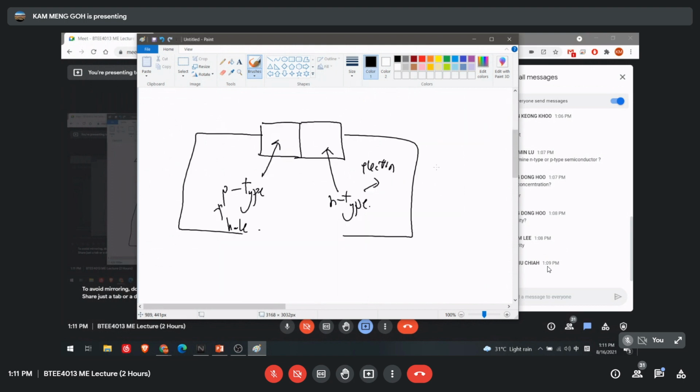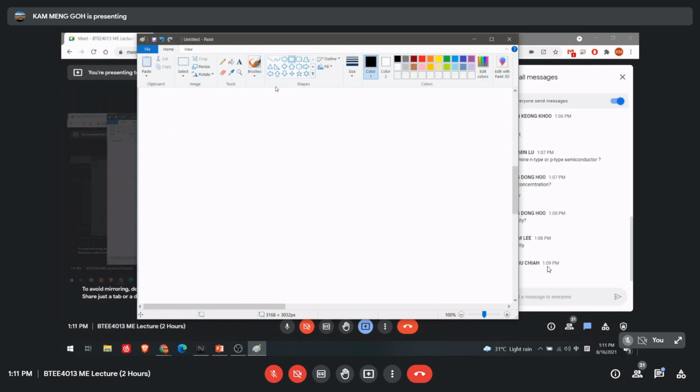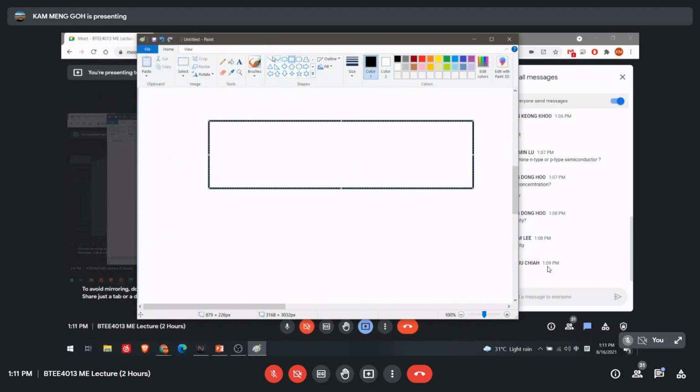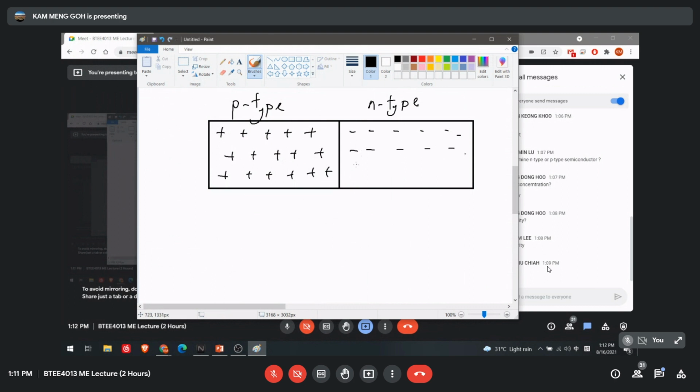Okay, so imagine originally, P-type is here and N-type is here. Originally, P-type is full of positive charge or holes, and the N-type is full of electrons.